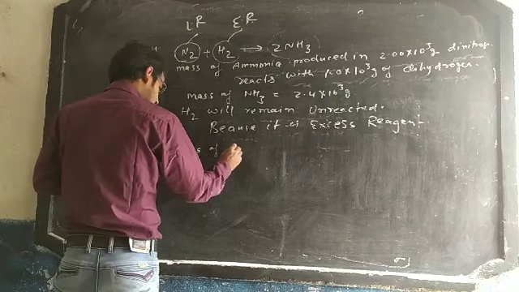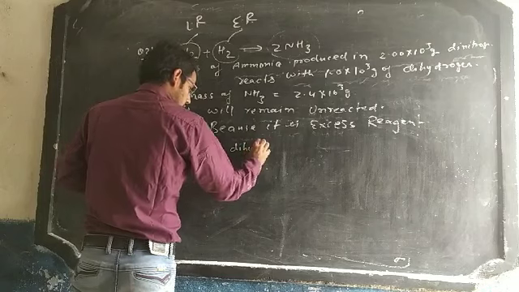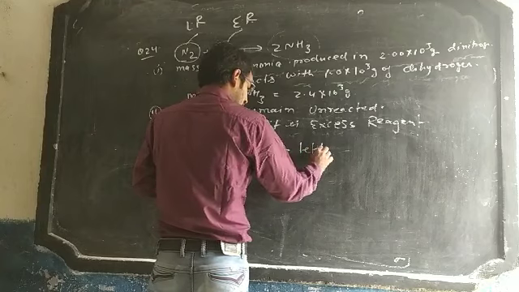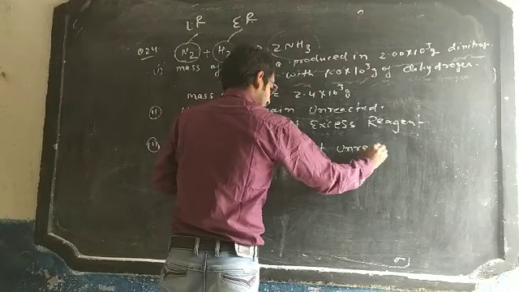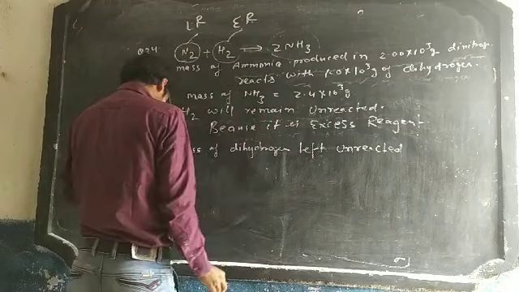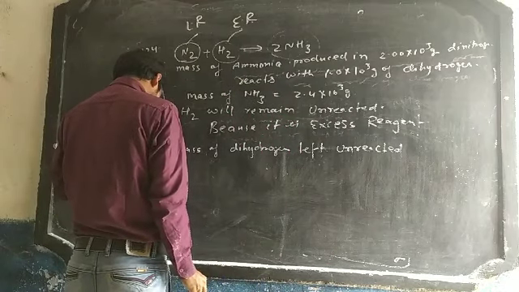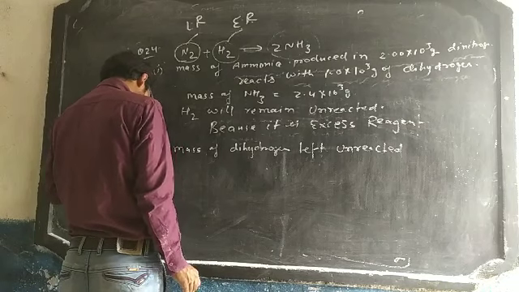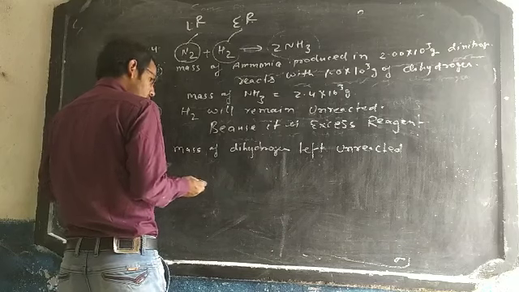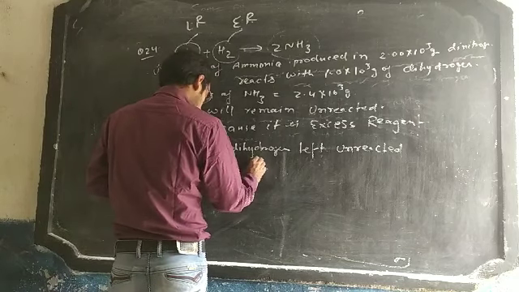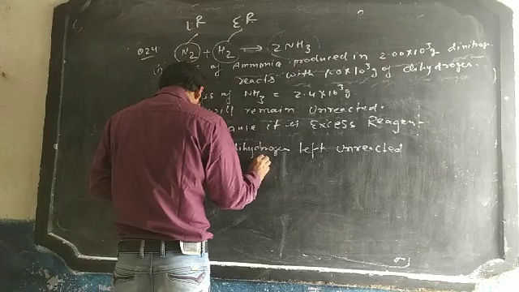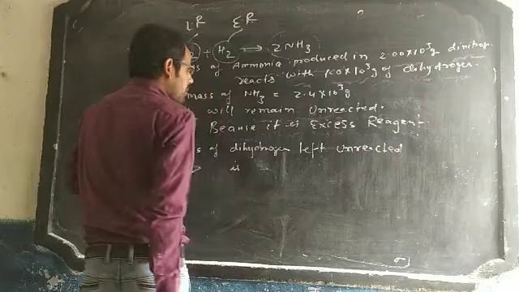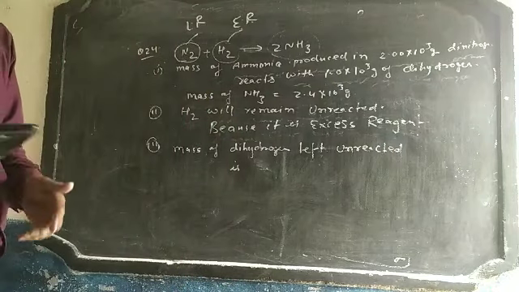The mass of dihydrogen left unreacted is equal to how many grams will remain unreacted. You can find it in this way also.